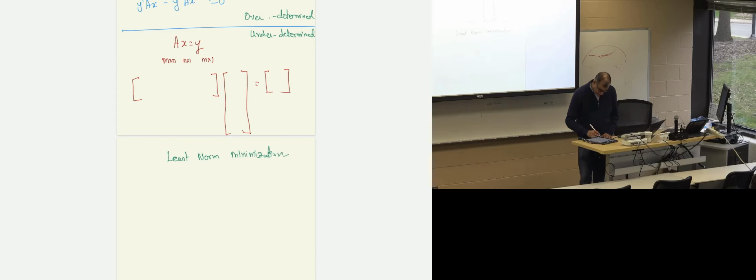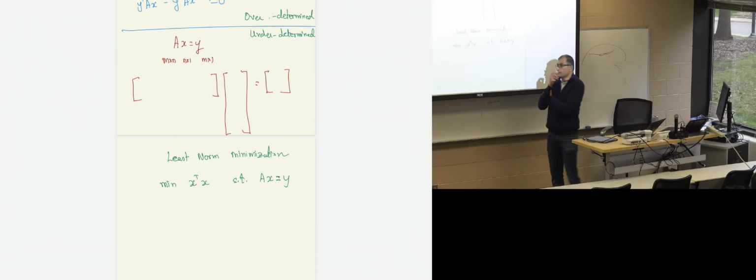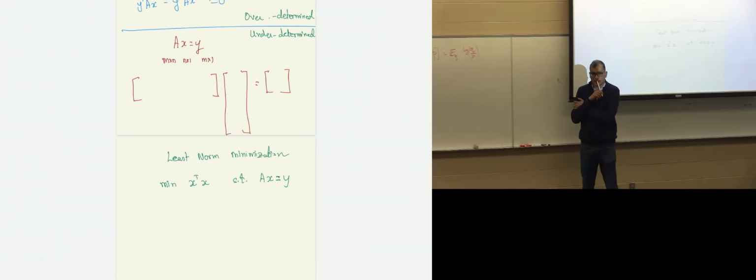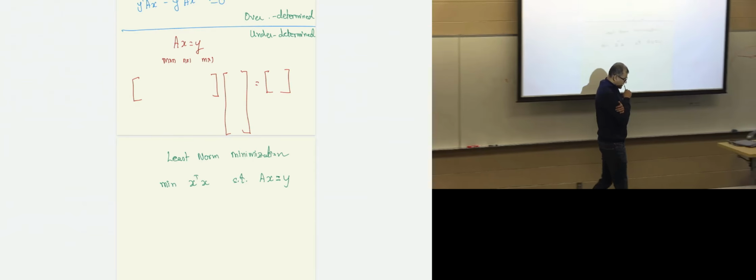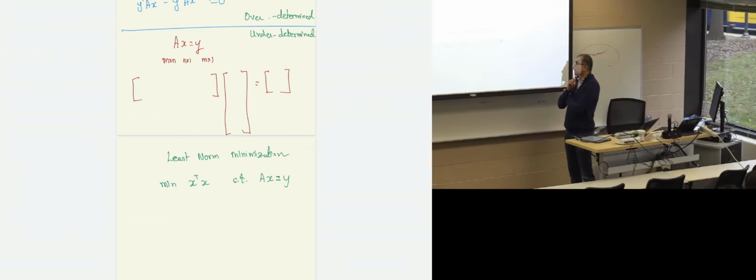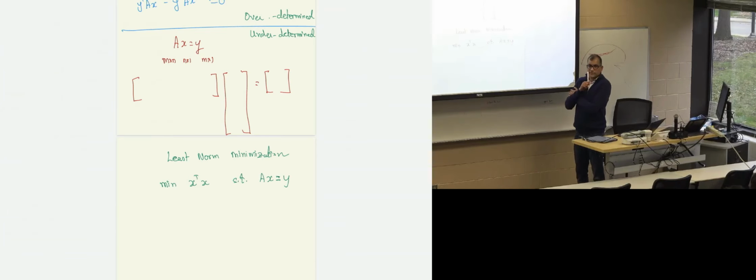What the least norm minimization says is minimize x transpose x such that Ax equal to y. In the previous case, unless you had precisely enough data and the right amount of data, you would never get to Ax equal to y.